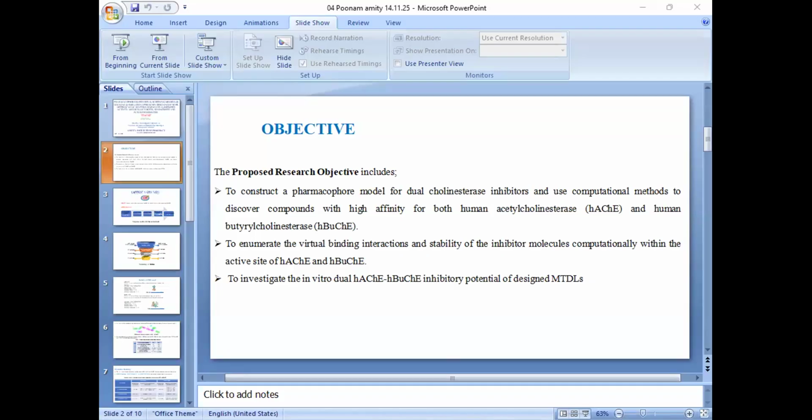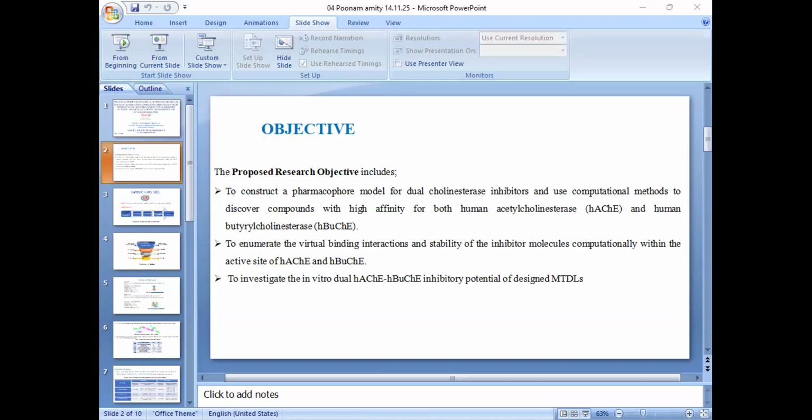The acetylcholinesterase one was having a resolution of 2.35 angstroms, whereas the butyrylcholinesterase was having a resolution of 2.50, both under 3. And the R value was also proper for choosing this PDB.